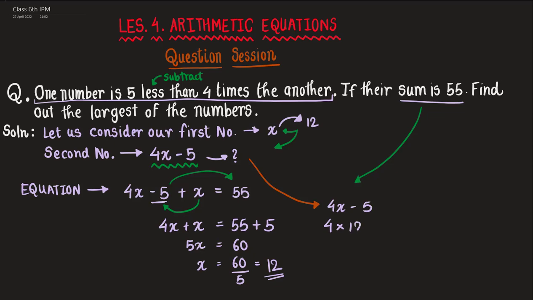What is x? x is 12, and minus 5. 4 times 12 is 48, and minus 5 gives us 43. They have told us to find the largest of the numbers. Which is largest, 12 or 43? We can clearly see that 43 is the largest. So 43 is our answer.